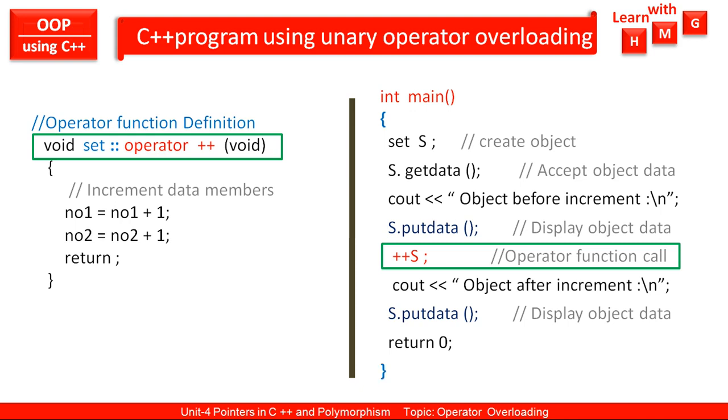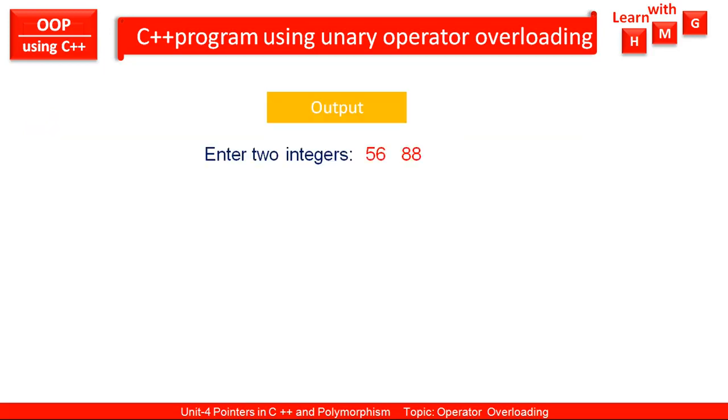So this is a simple main function in which we accepted the values for the object using the getData function. Then we incremented the object by calling the operator function, and then we displayed the values of the object using the putData function. If you run this program, you will get the output like this: enter two integers, let us say 56 88.